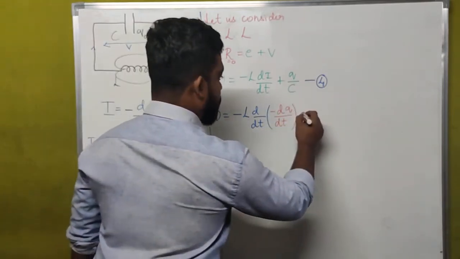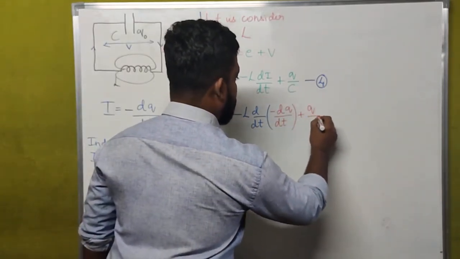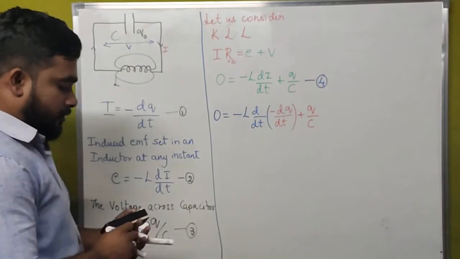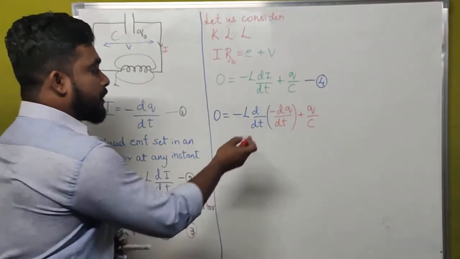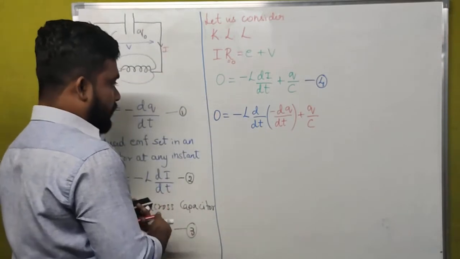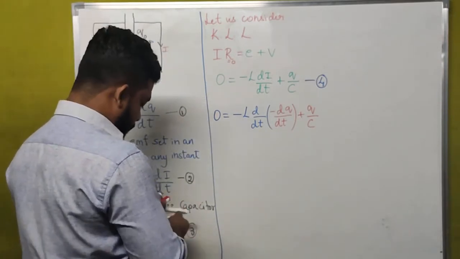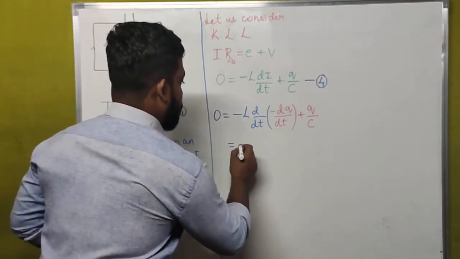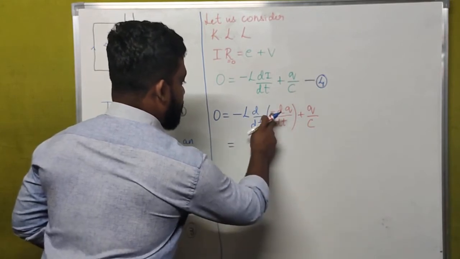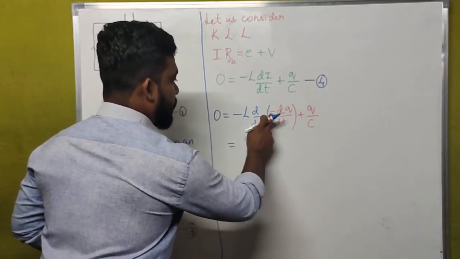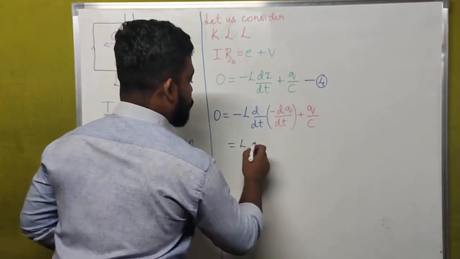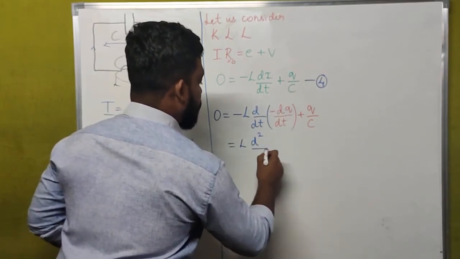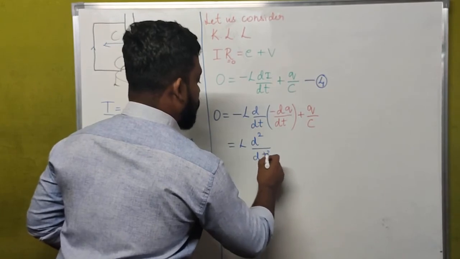Now we have to keep the value of q divided by c as it is. Now what will we get? We have to differentiate these terms again. Then we will get, this is minus, here also we have minus, minus into minus will become plus, plus L. This is d square divided by dt square of q.